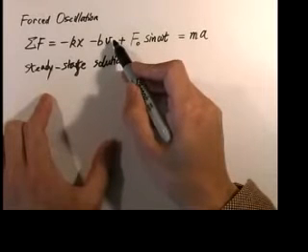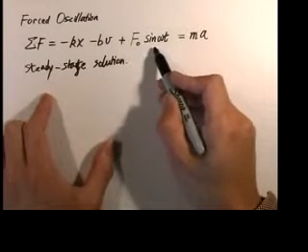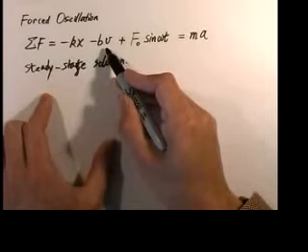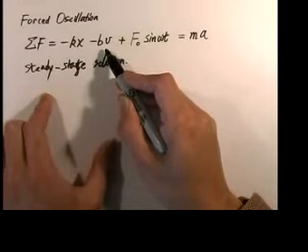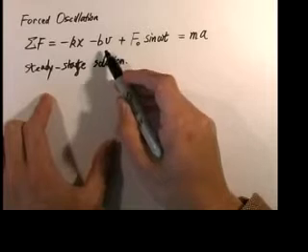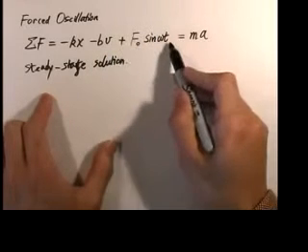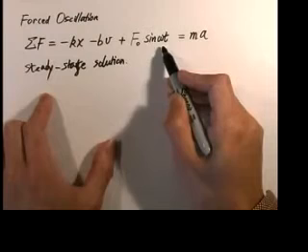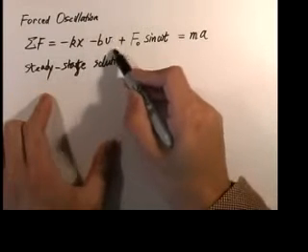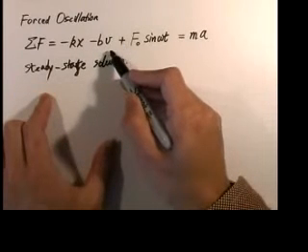So you have two competing sources. This one feeds energy into the system, this one takes energy away from the system. At some point, the average speed reaches such a value that the energy you feed into the system per cycle equals the energy that's taken away by resistance per cycle. So what does that tell me?